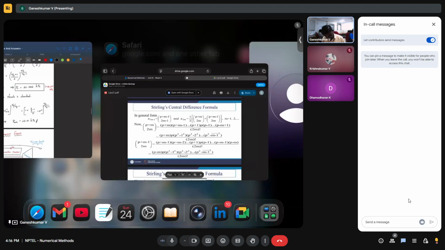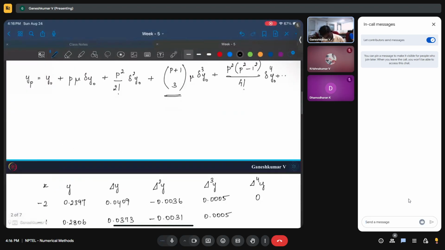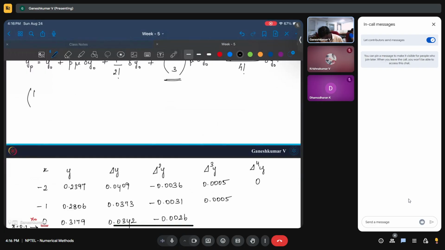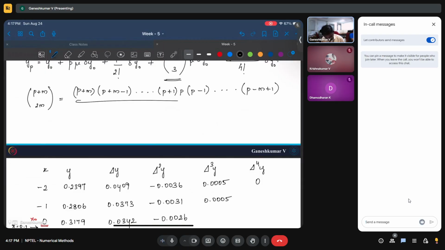So we know that p plus m choose 2m is going to be p plus m, p plus m minus 1, continuing with p plus 1, p, p minus 1, continuing to p minus m plus 1, divided by 2m factorial.